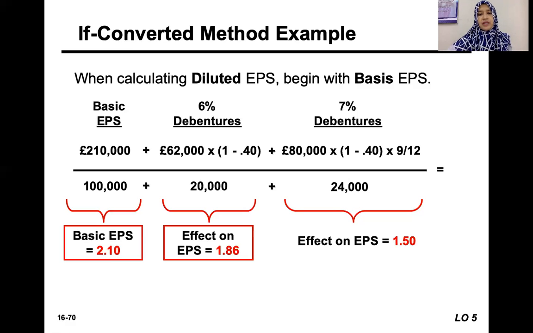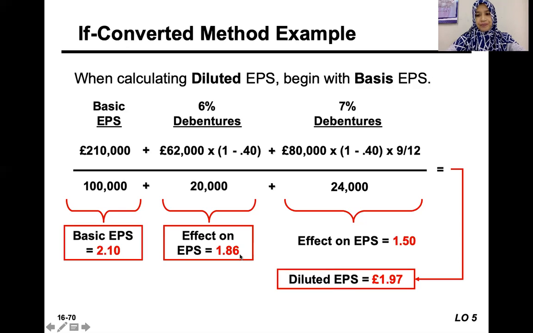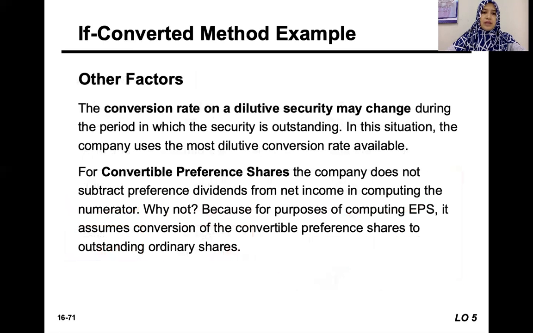So the company doesn't need to pay any more interest because it has been converted into ordinary shares. And when we assume that the company does not need to pay the interest, it means we have to add it back to the income amount. So the total diluted EPS, if we total the whole, becomes 1.97.